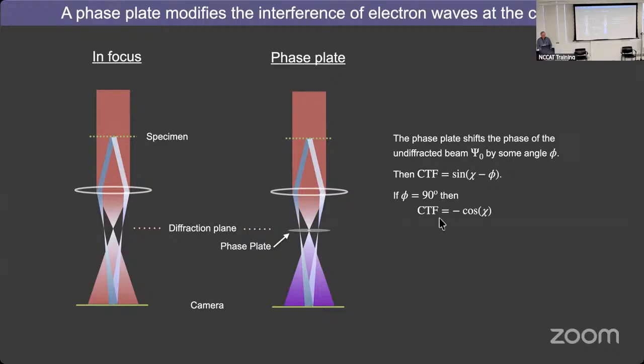What it does is it changes the CTF so that instead of being a sine function, it's a cosine function, and if we have zero defocus, then chi is 0, and so we have contrast of 1 all the time. This is wonderful because it saves us from the loss of information in using defocus contrast. So you actually get twice as much signal using a phase plate than you get using defocus contrast. So it's a wonderful thing.